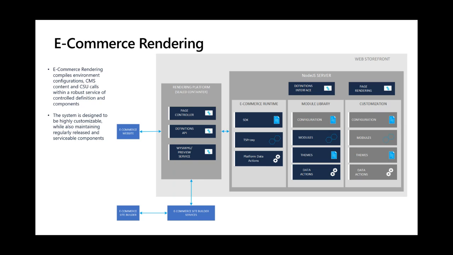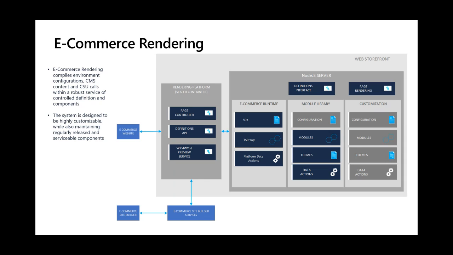We also include a TypeScript proxy, and this helps utilize some of the elements in the page to make it easier to code these different items. But also there's a benefit because the way that they're coded with some of the headers or structures within these elements makes them surfaceable in the site building tool. And lastly, we have cooked-in platform data actions that are robust, normalized actions that happen within this rendering service to compile a lot of these elements together and to output them.